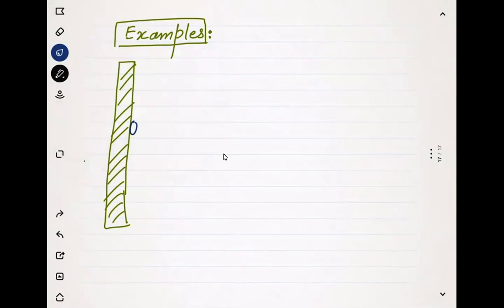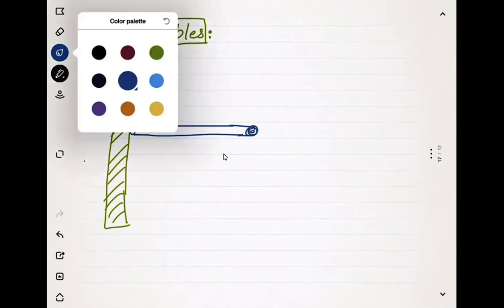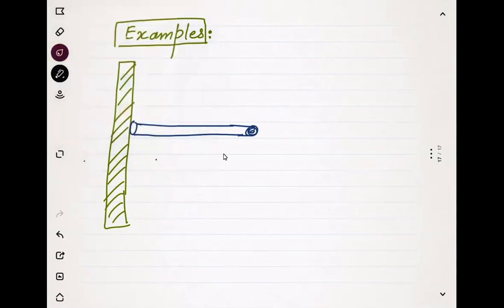In this example, the rod is horizontal, and assuming that the rod is uniform, it is supported by a rope. This is the rope.